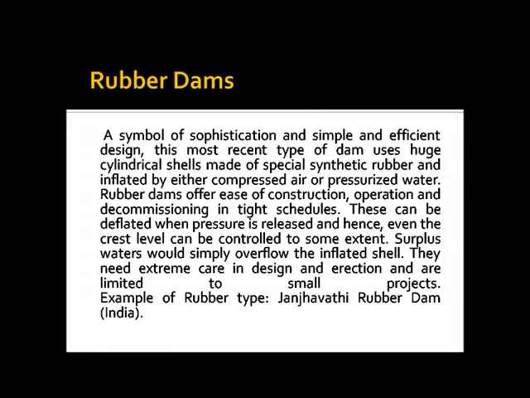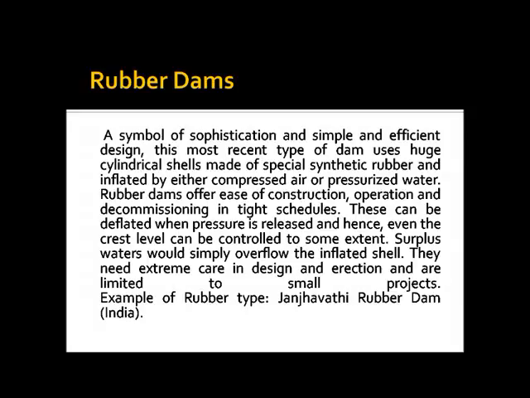Rubber dams. Rubber dams are usually made out of huge cylindrical shells of synthetic rubber, which can be either inflated or compressed. One of the advantages of a rubber dam is the head of the dam can be varied. If you inflate the dam, the head increases, and when you deflate the dam, that is the rubber cylinders, then the head is decreased.